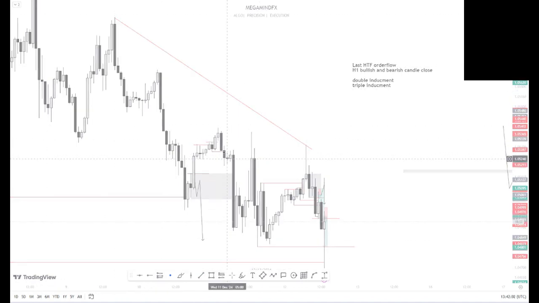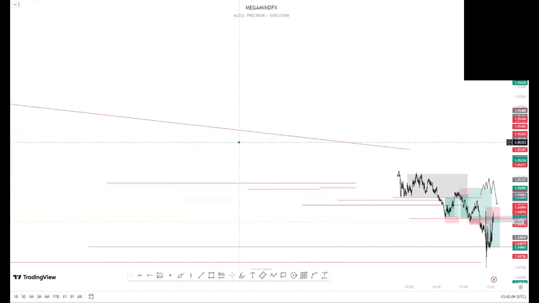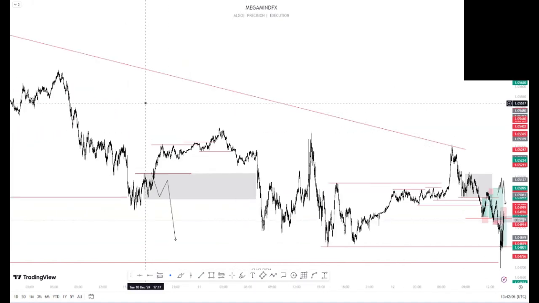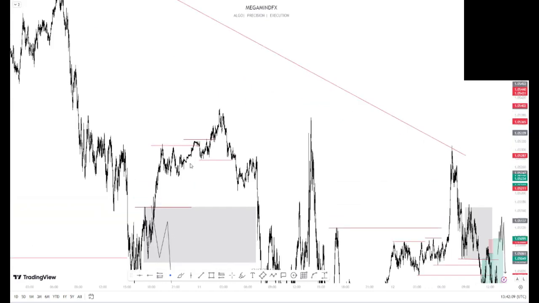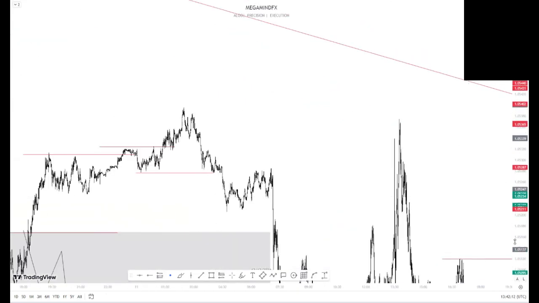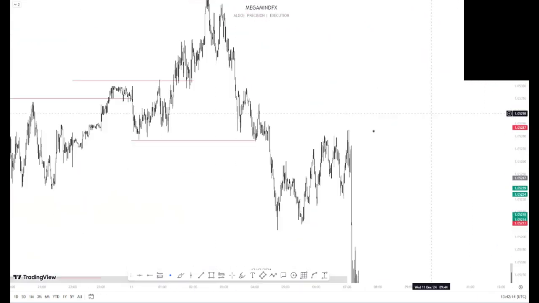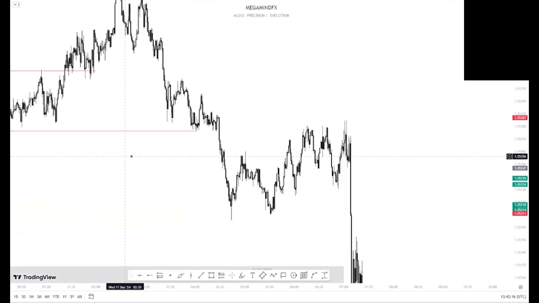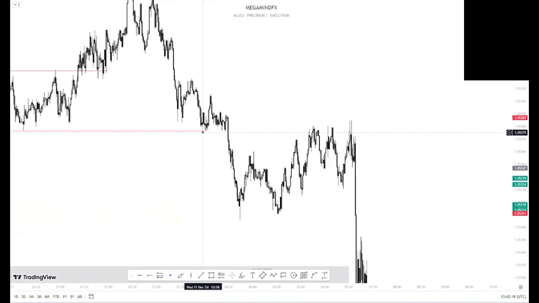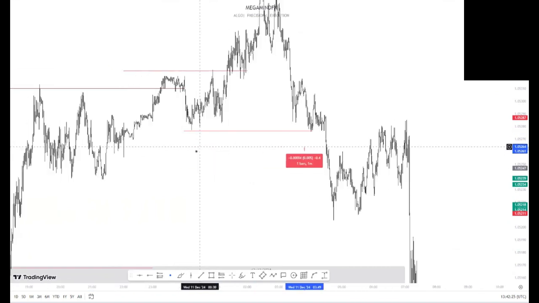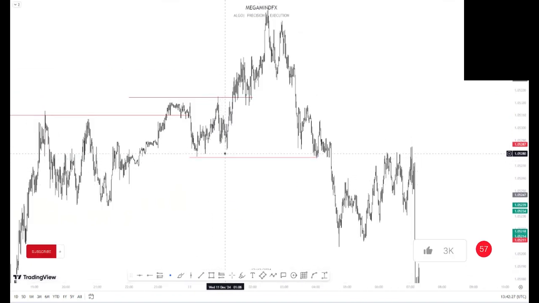Let me show you that. See that? We have the first sweep here. No matter how small the sweep is, if it sweeps, it has swept. You understand that?